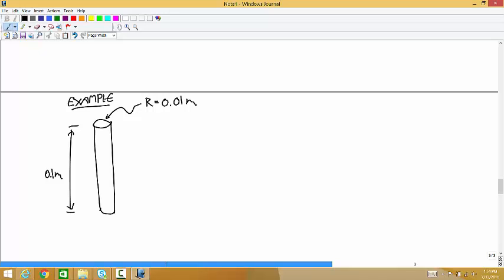And I guess this is actually in compression, not tension, but you would treat it the same way. So let's say we have a uniform distributed load on the two sides of 5,000 newtons. And we want to calculate the stress tensor.